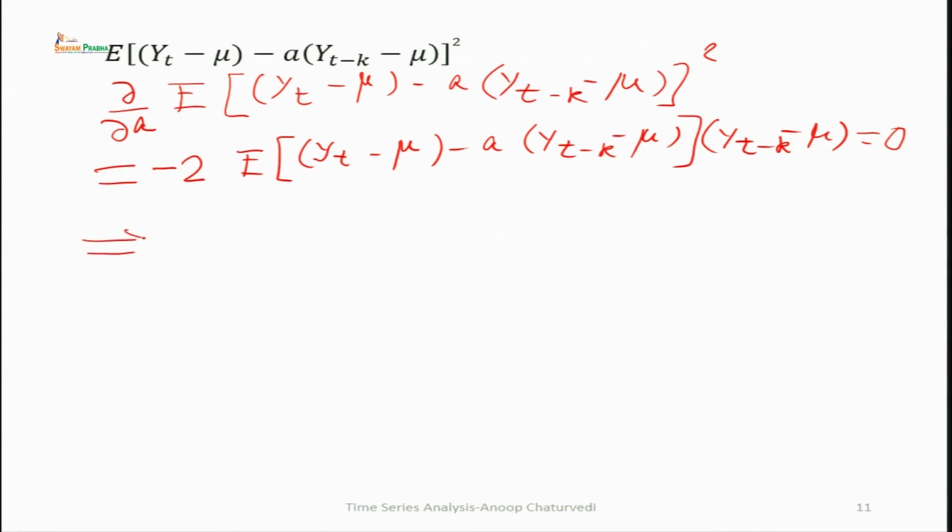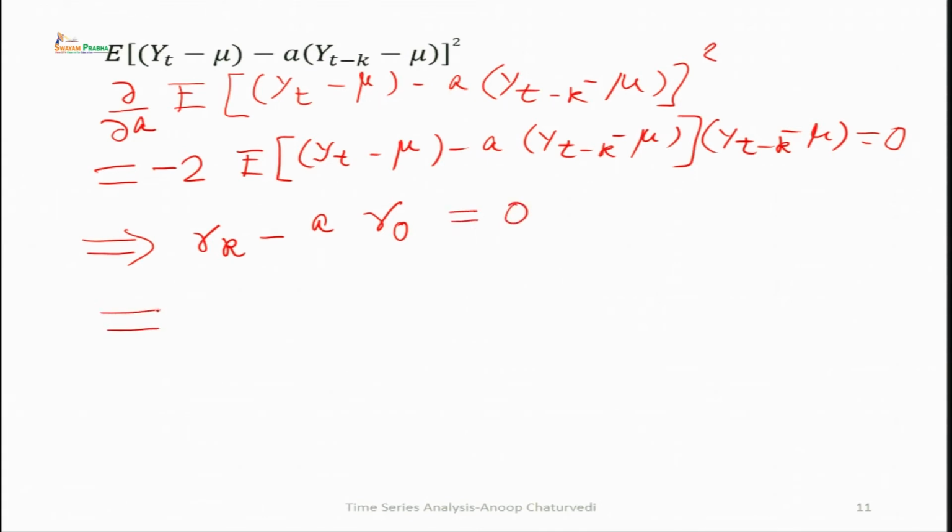This implies that, just take this minus 2 towards the right hand side, the expectation of (y t minus mu) into (y t minus k minus mu) is gamma k, minus A times the expectation of (y t minus k minus mu) square, which is gamma 0, equal to 0.